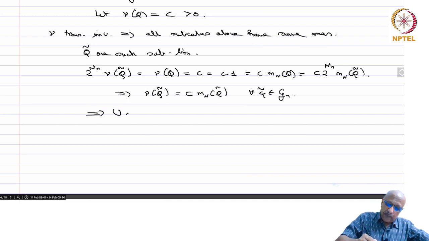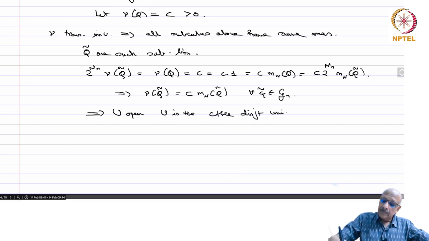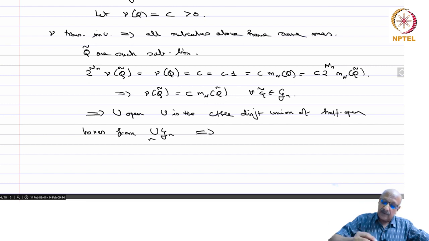Therefore if U is open, U is the countable disjoint union of half open boxes from the union of Gn over n, and that implies that nu of U equals C times Mn of U.